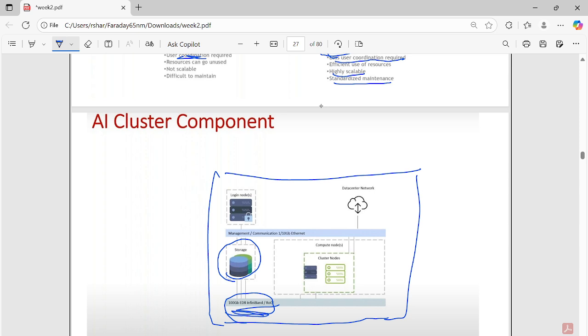Especially in AI, we require high speed storage because we are seeing gigabytes of images and so much data. Not just the compute should be faster, but also the communication, and the data and storage should also be very fast.